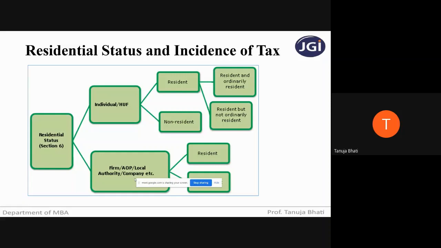In respect of problems, you have only how to determine the residential status of an individual. Okay. Now, we have seen what the residential status is. Now, let us see incidence of tax. Like, why do we have to determine the residential status? In order to know what the incidence of tax is on that particular status. So, let us see that.